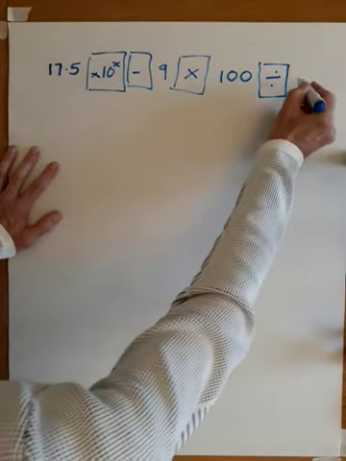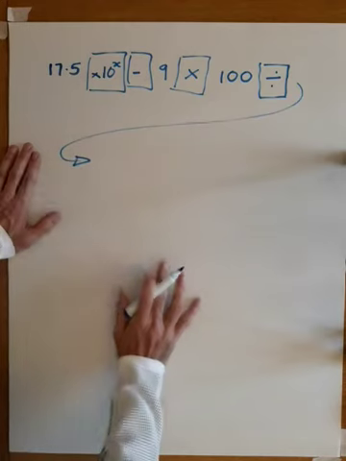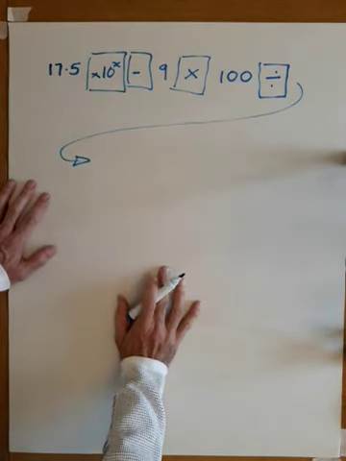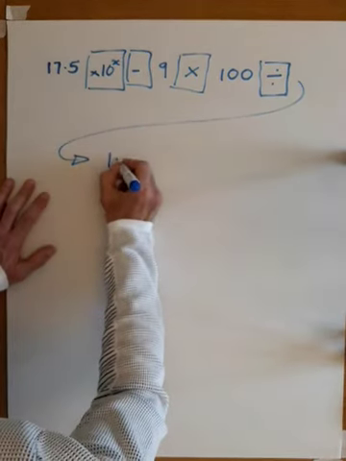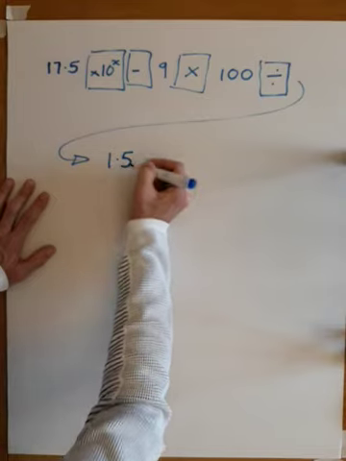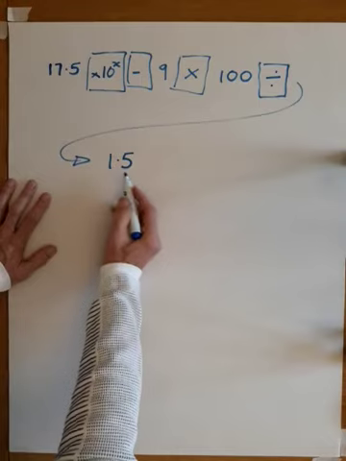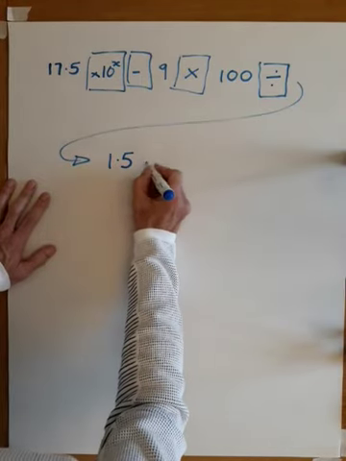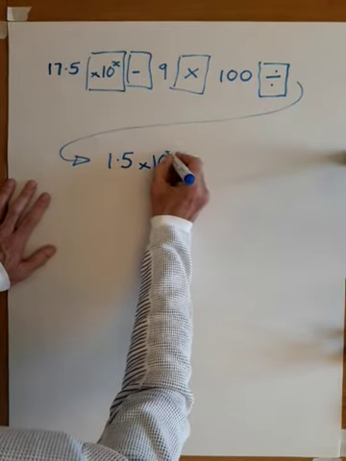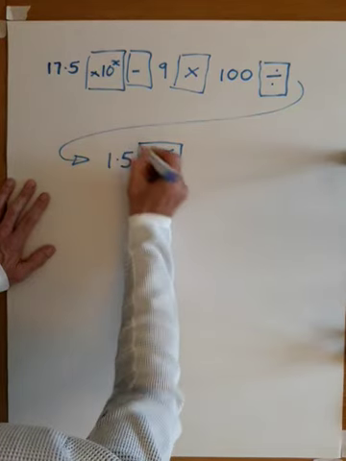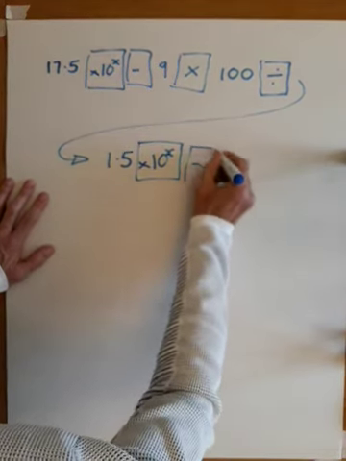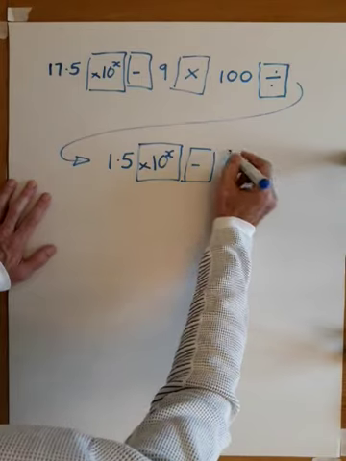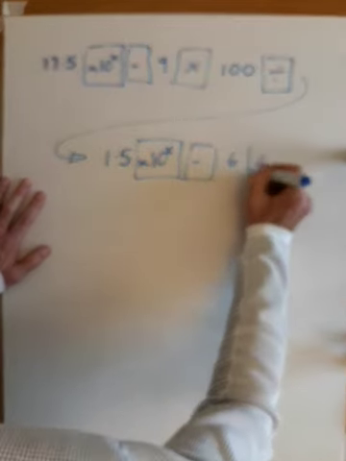So divide, and it's 1.5. And if you remember, we made this 1.5 times 10 to the minus 6, so it's times 10 to the minus 6 equals.